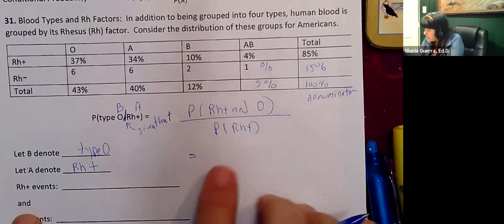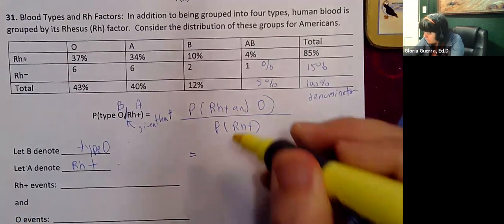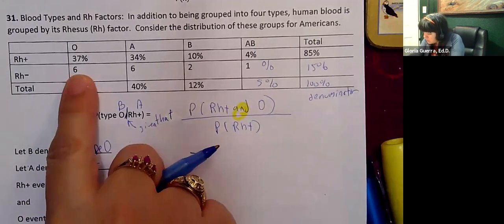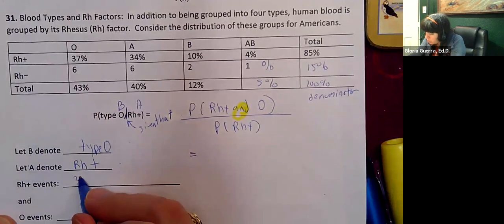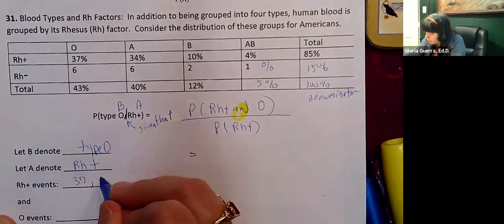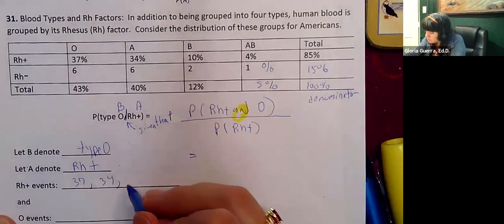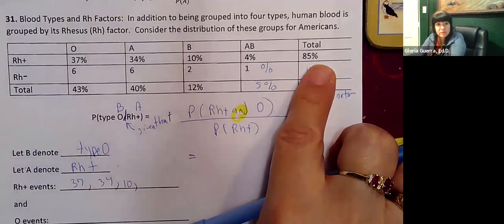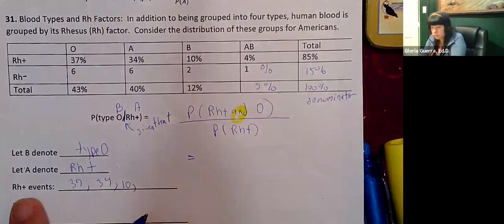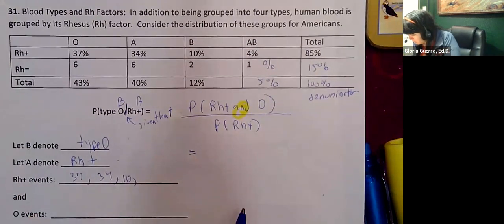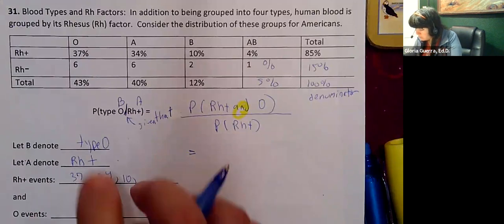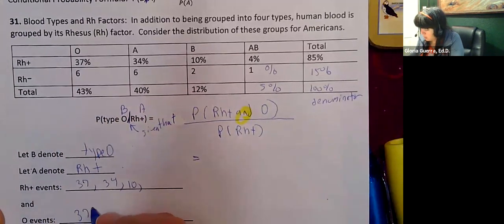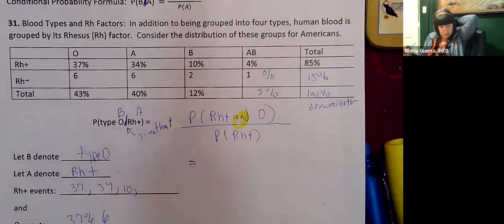Now see how I have this set up? Because this is the and. So RH plus events, I'm looking at 37, 34, 10. I leave the 85 out because it's not an or. If it were an or, then I put it down. And then the O events are right here. 37 and 6.